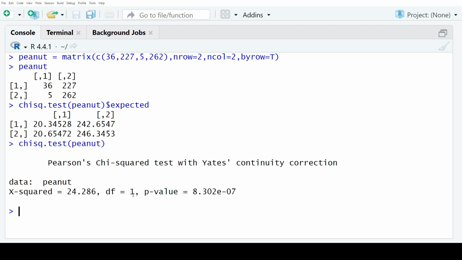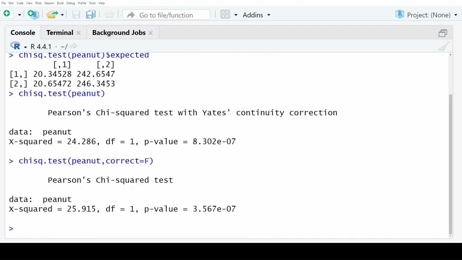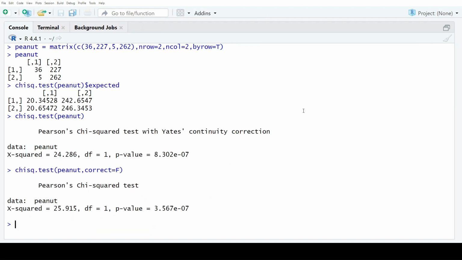And to even be extra careful, I am going to correct equals false. Still a very low p-value, but actually it's a little lower. So let me zoom this out so I can copy it all.